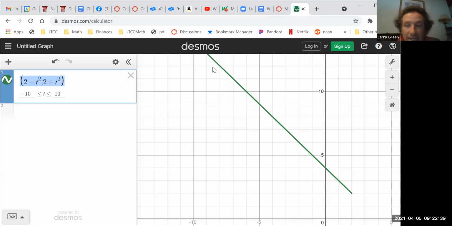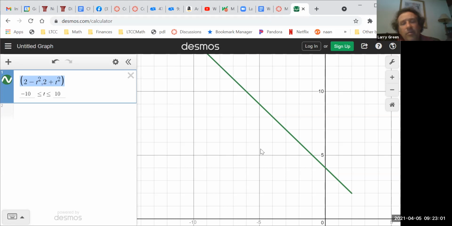And we're going to speed up as we move. Because notice from 0 to 1, the y coordinate, for example, has moved up 1, went from 2 to 3. But from 1 to 2, it moves from 3 to 6. It went a lot faster.